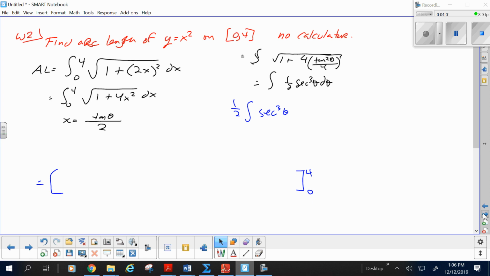Once you find it, you can say, all right, the antiderivative is over here. That's the idea on a complicated antiderivative. See how you can do it with the secant cubed. Be careful with the 1/2.